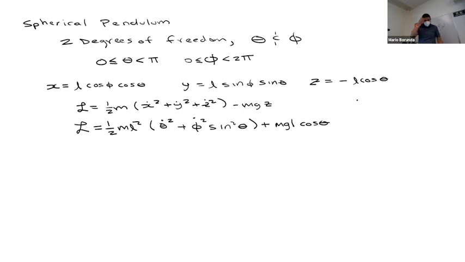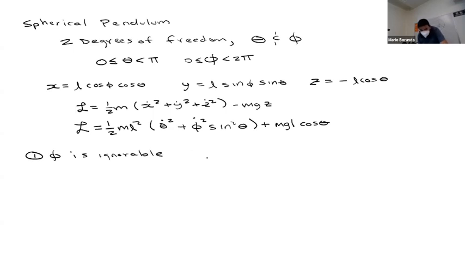All right, so things to notice here. Is phi located in the Lagrangian? No, right? So then we call that an ignorable quantity. So the first thing to notice, phi is ignorable.